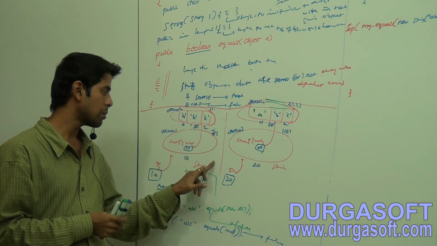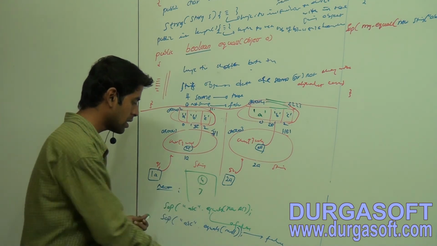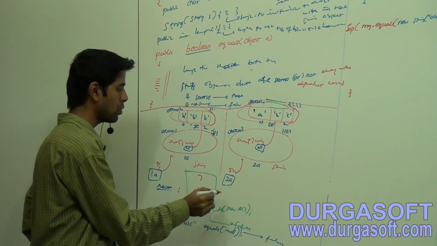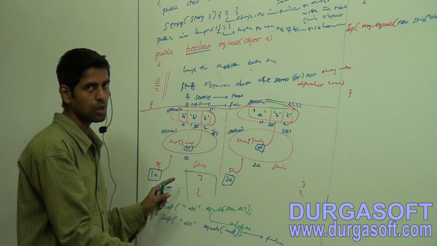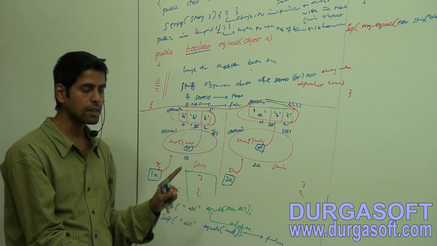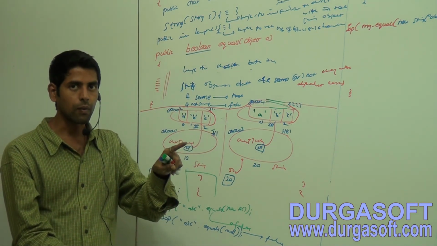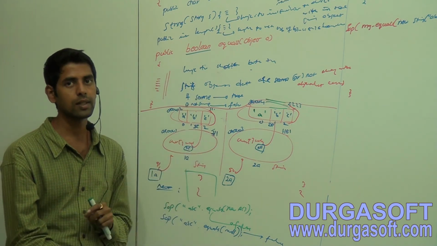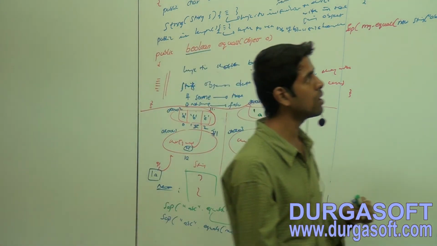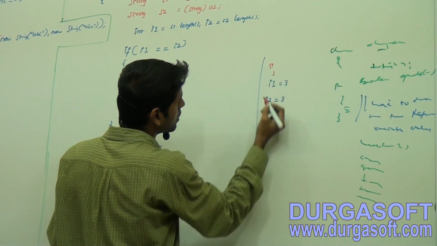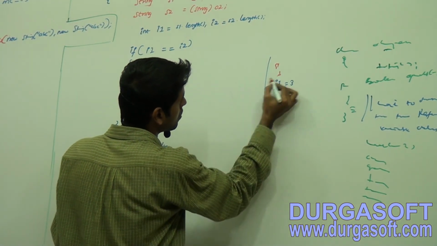If the length is 3, the last index will be what? 2. Now where is the length variable, the length method return value, with which variable is it? With I1. It is related to the S1 string and it is related to the S2 string.